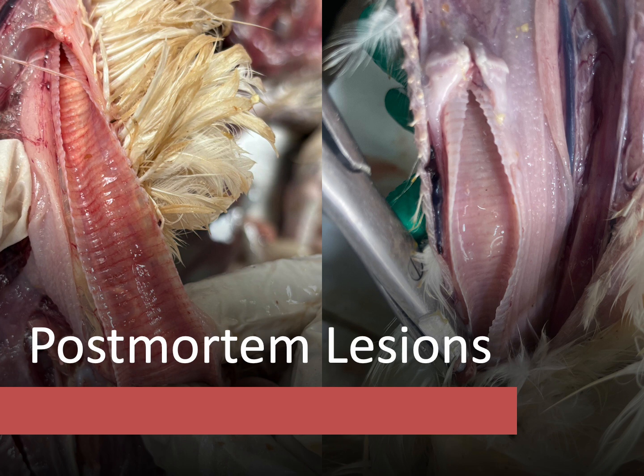The one on the left is very likely infected because it's congested and hyperemic, with exudates in it, and the one on the right is normal. This is what the normal trachea should look like. So we can see by contrast how bad it can be, and imagine the kind of respiratory distress the bird on the left would feel.